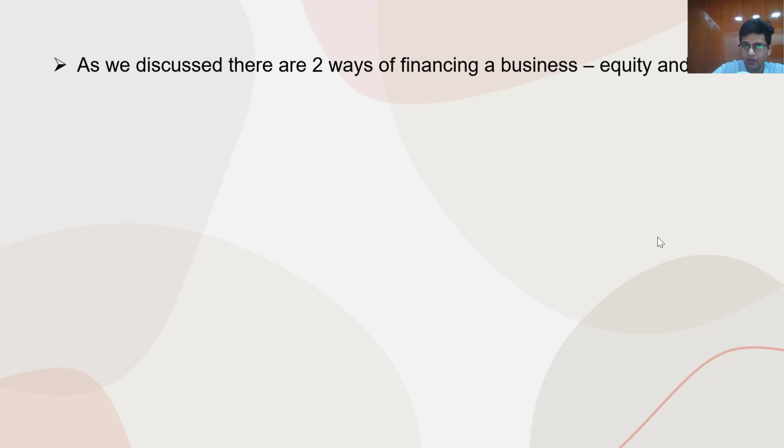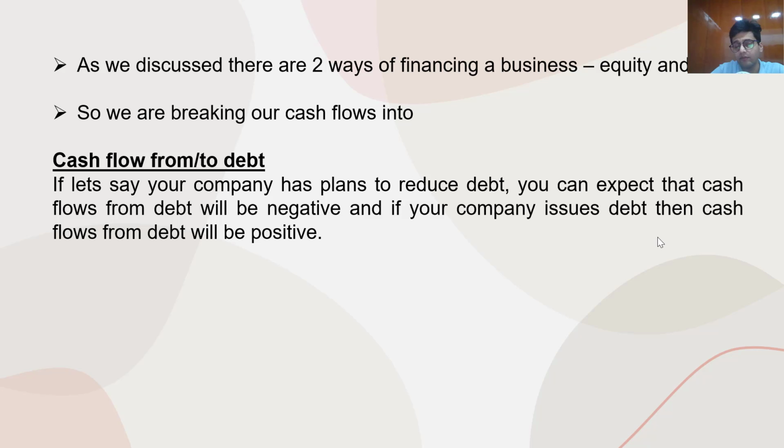So we finally come to the third part of cash flow, that is cash flow from financing activities. Now, as we have discussed, there are two ways of financing a business: debt and equity. So, in cash flow from financing activities, we are basically breaking our cash flow into cash flow from debt and cash flow to debt.